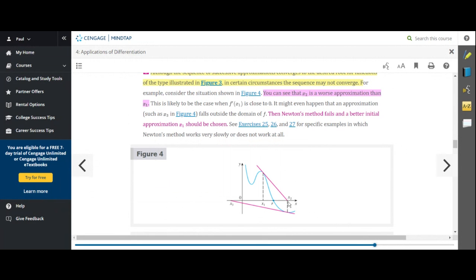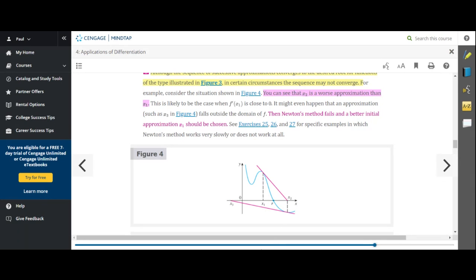The tangent line hits the x-axis at x2 in figure 4. And then when x equals x2, they draw another tangent line to the curve. That gets you to x3. But x3 is further away from the root r than x2 was. So this is an example where Newton's method is not working.